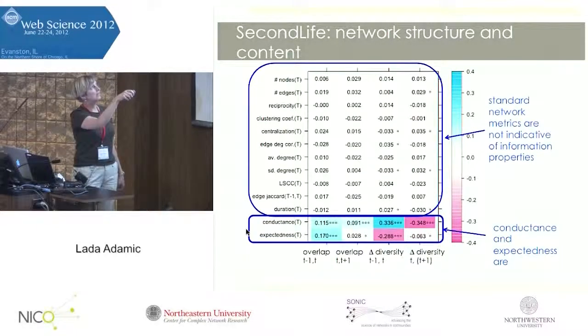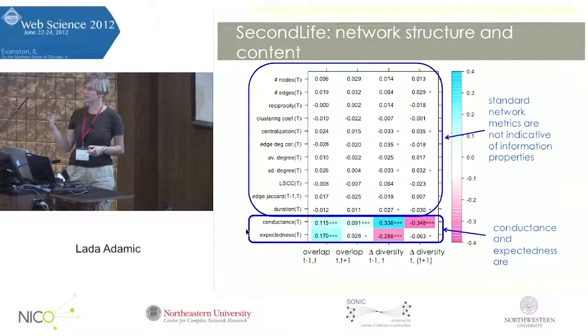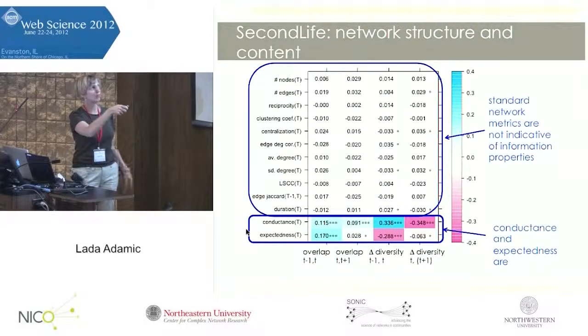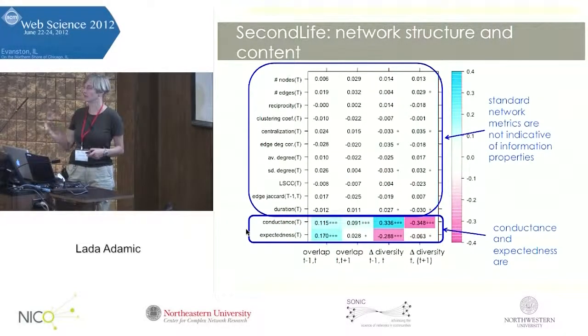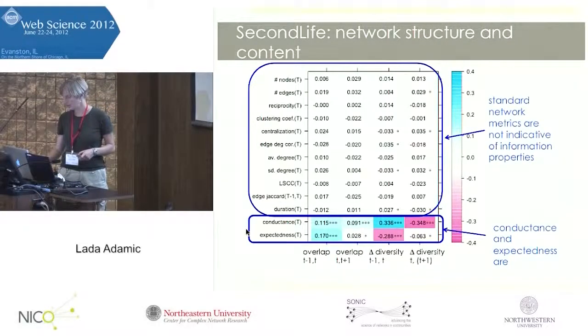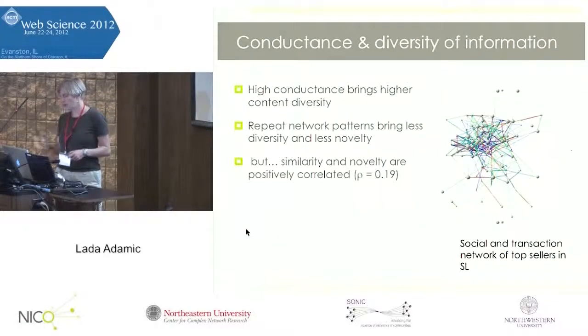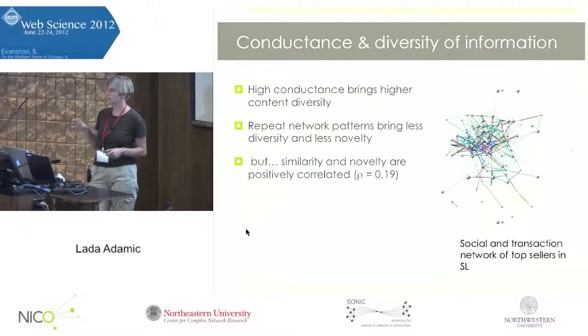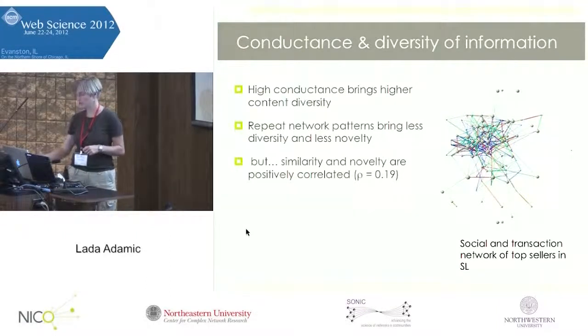And when the network is as you would expect, then the overlap in the assets being traded is also higher. Although I should mention that in general, similarity and novelty are positively correlated, meaning that when there's something novel, it tends to capture more of the attention of the network.